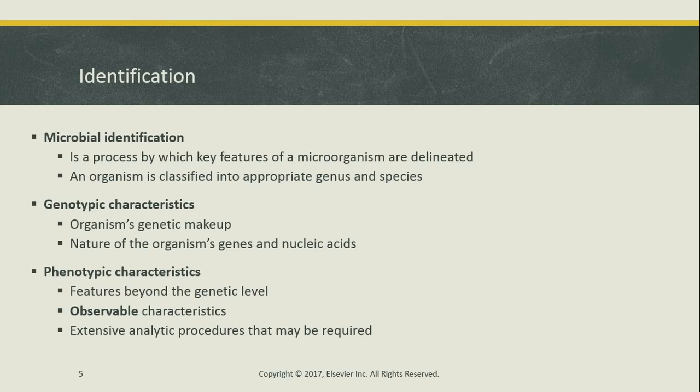The phenotypic characteristics are pretty easy when it comes to Staph. You have the Gram stain, which is gram-positive cocci in clusters. These are things that you can see. Your phenotypic characteristics are your observable characteristics, and then you also have genotypic characteristics, which is the organism's genetic makeup.